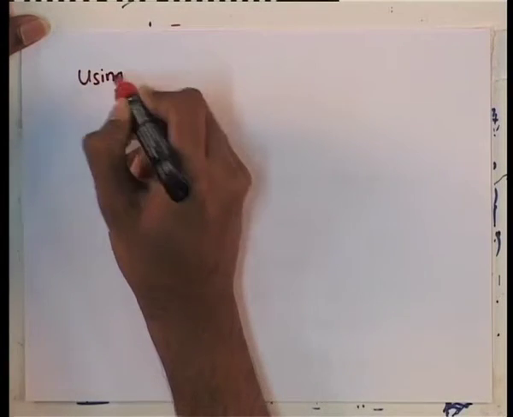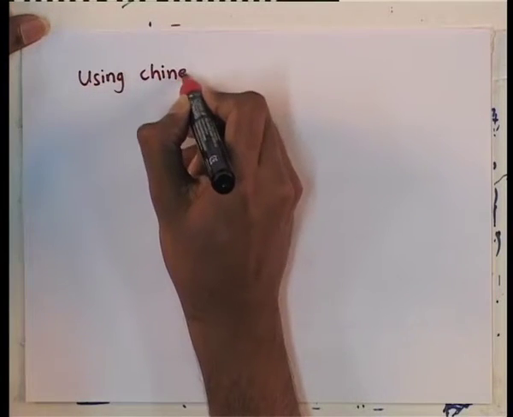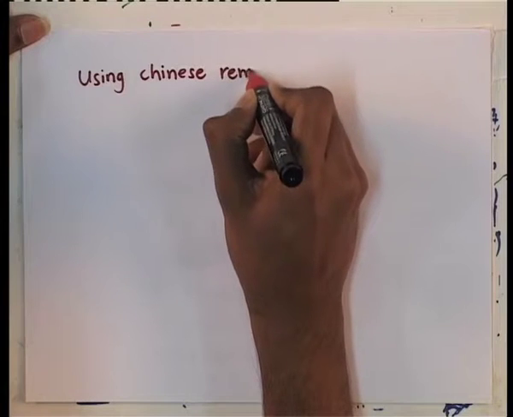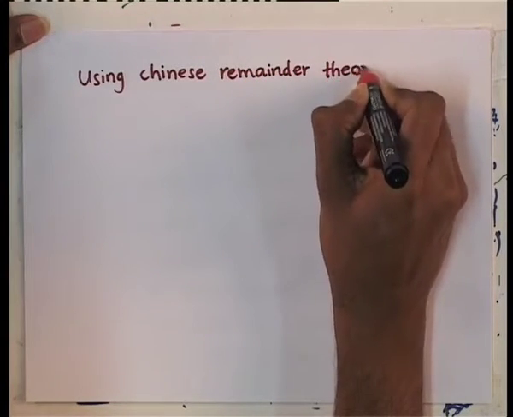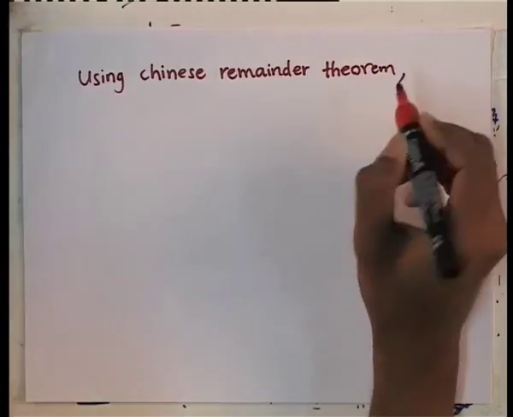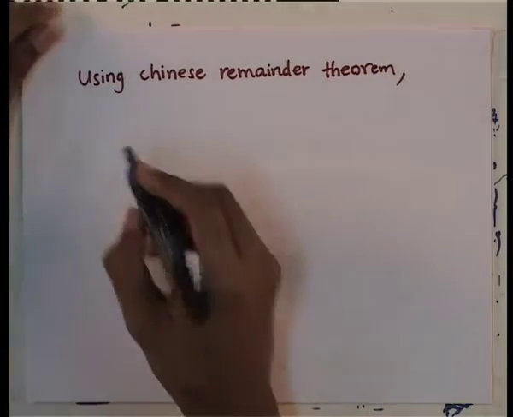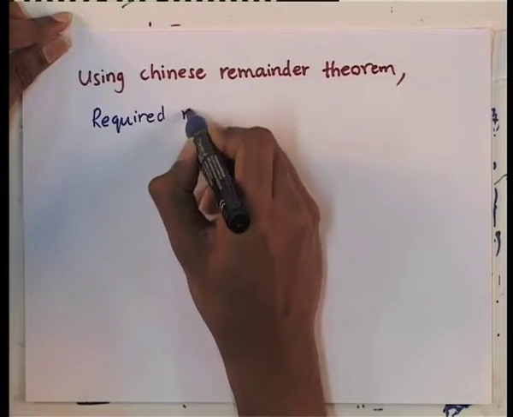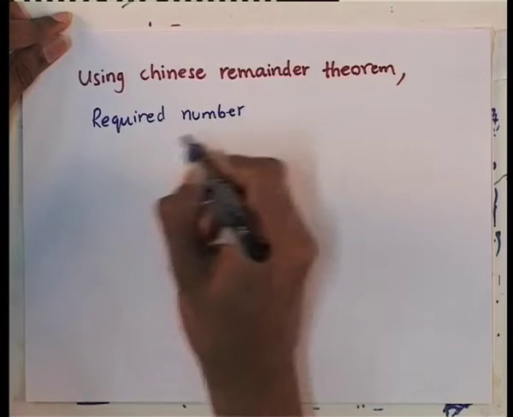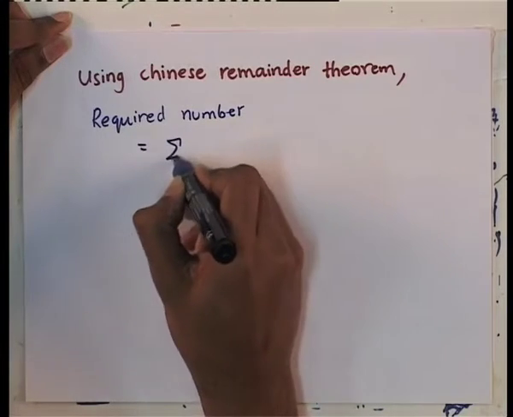Now, using Chinese remainder theorem, required number is sigma i.